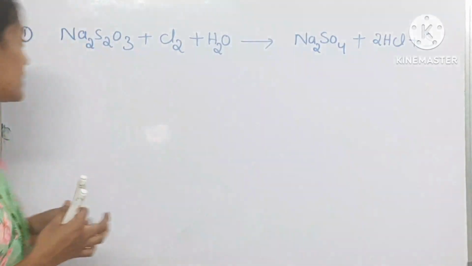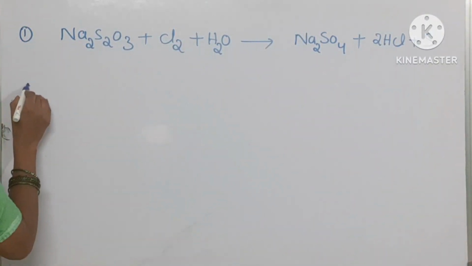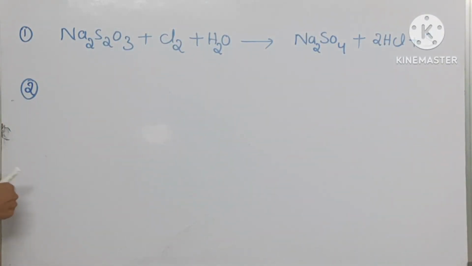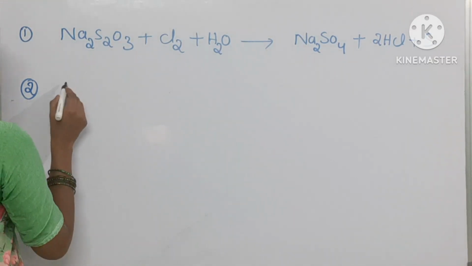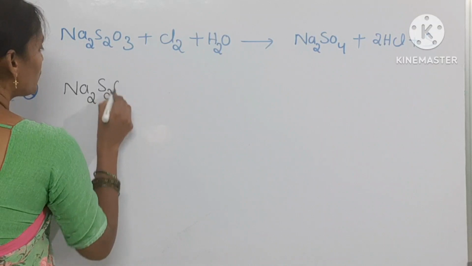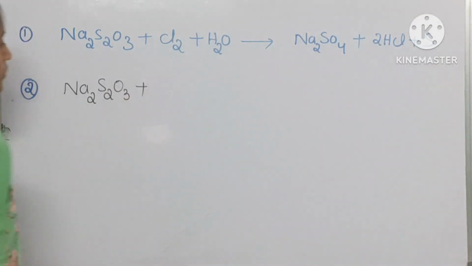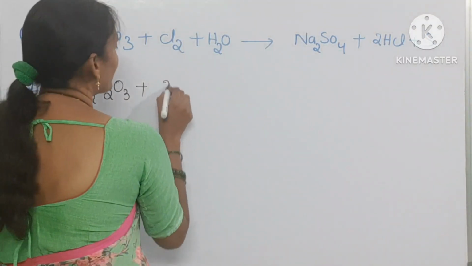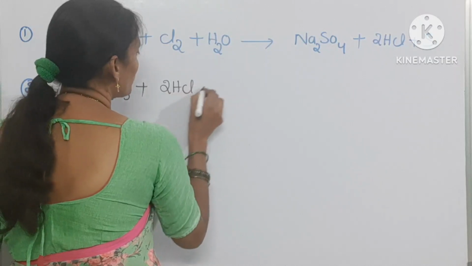Okay, second reaction: the reaction with HCl. Na2S2O3 reacting with hydrochloric acid.